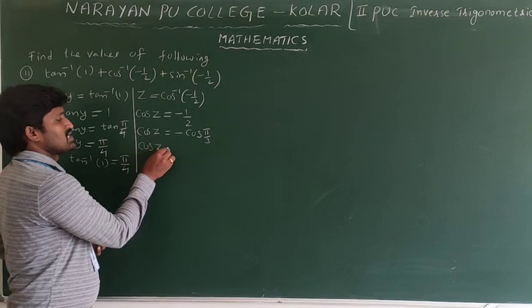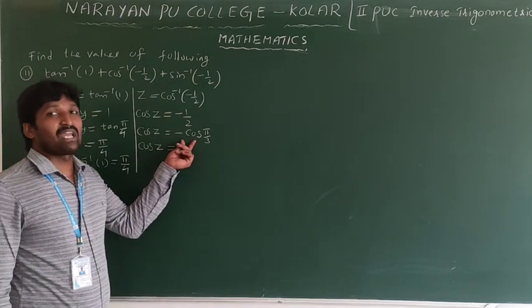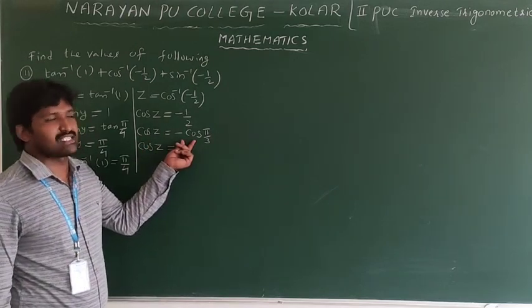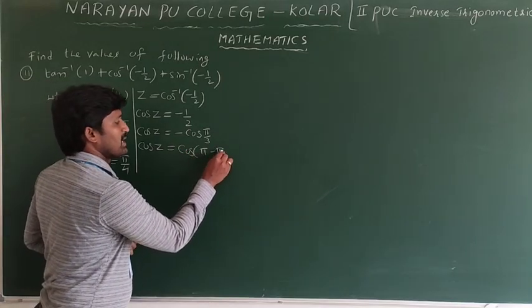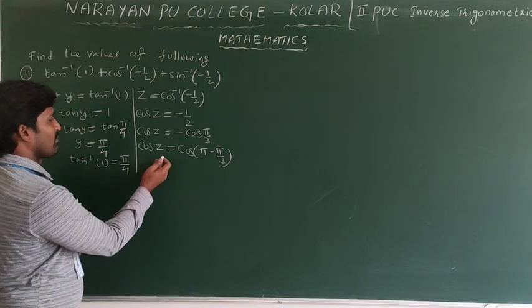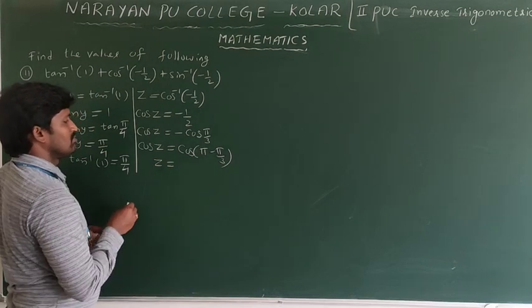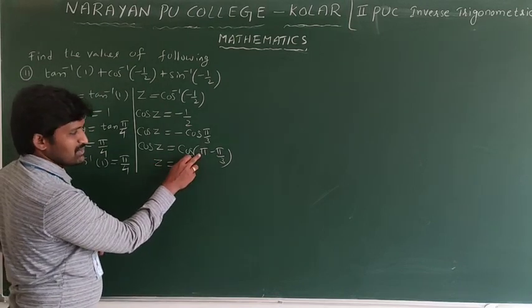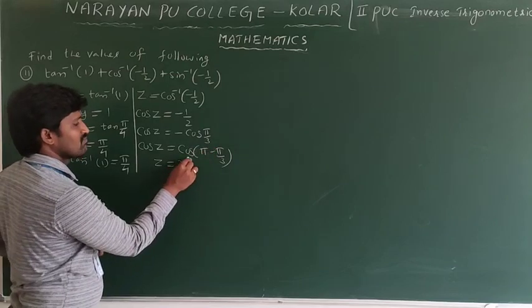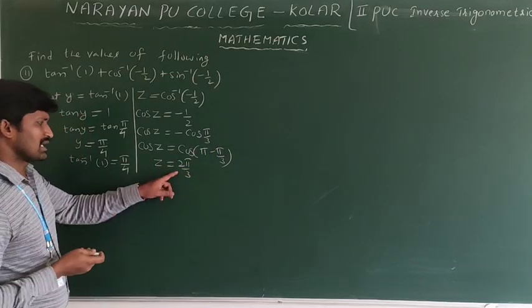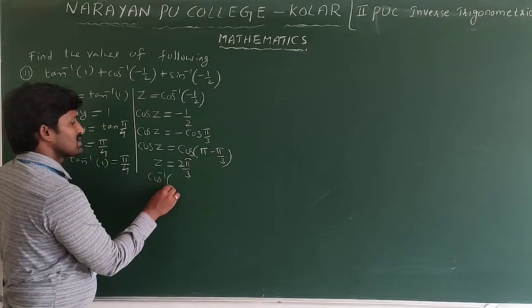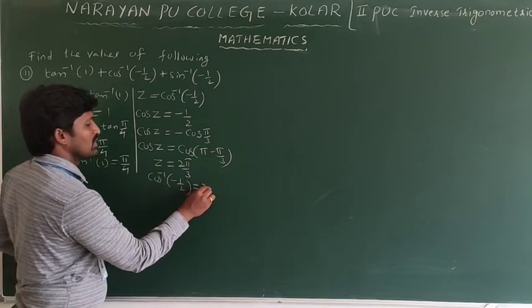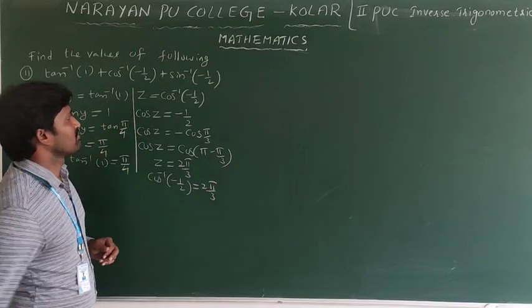That's why we need to use the formula cos of pi minus theta equal to minus cos theta. So cos of pi minus pi by 3. Now from this, z equal to, take LCM, 3 pi minus pi, 2 pi by 3. Now what is z? Cos inverse of minus 1 by 2 is 2 pi by 3.